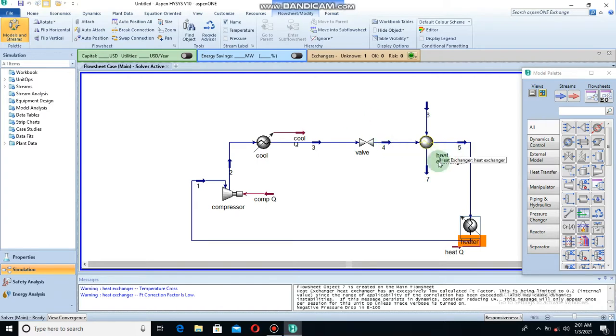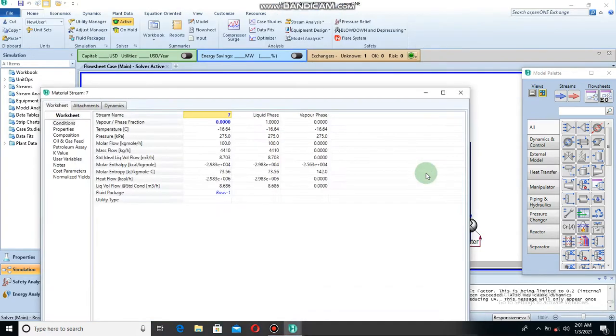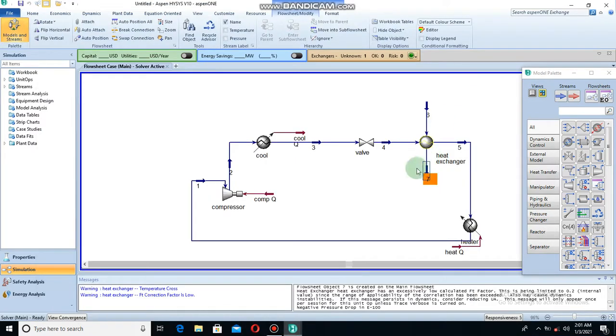And let's see how much temperature drop we had. We had a temperature drop of -16. Everything we have here is in its liquid state. We can choose to make it a gas state, but we want it in a liquid state. So from 50 degrees centigrade to -16 degrees centigrade.